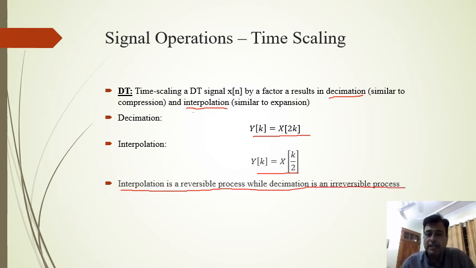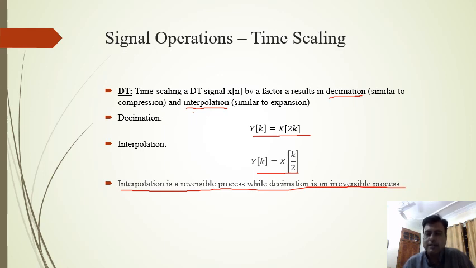So what it means basically, that if you have interpolated some signal, which means that you have expanded that signal as compared to the original signal, क्या आप उस expanded signal से वापस अपना original signal obtain कर सकते हैं? तो yes, in case of interpolation, we can do that.